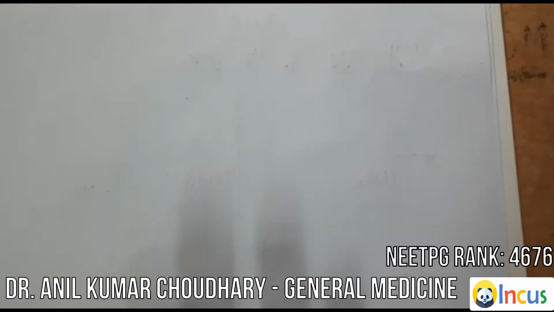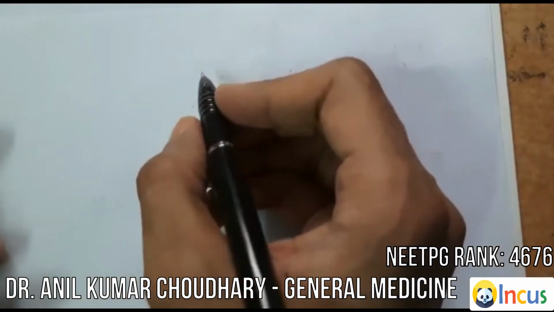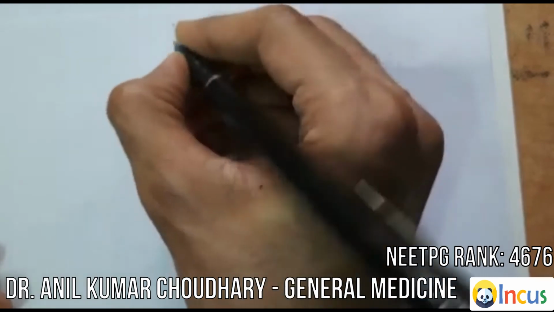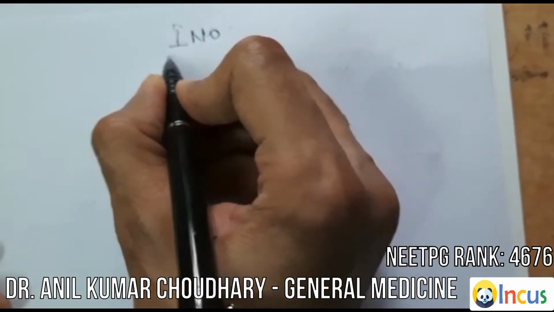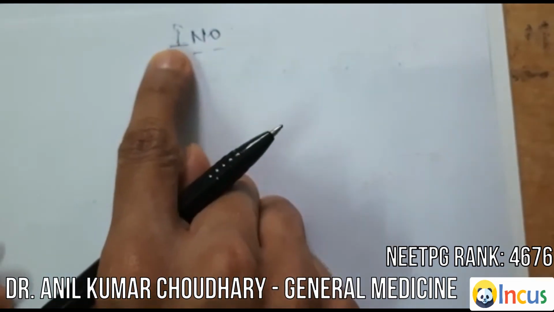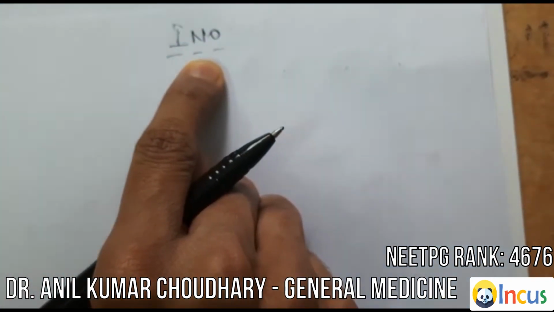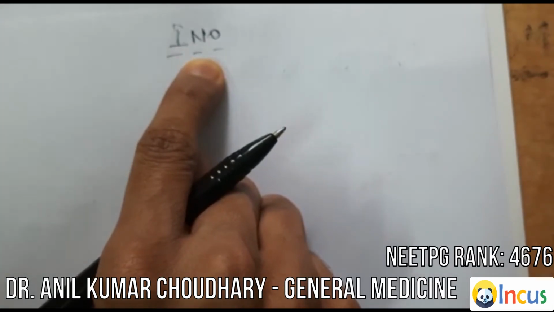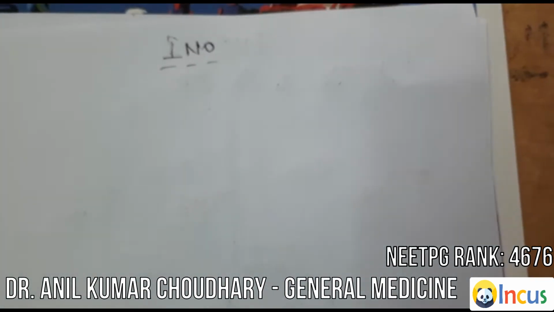Now, having covered the physiology part, we will next go into the pathology, that is the disease per se. We told you that our topic was INO, that is internuclear ophthalmoplegia. It is very clear the internuclear pathway carries information between the two nuclei, that is the sixth cranial nerve nuclei and the third cranial nerve nuclei.